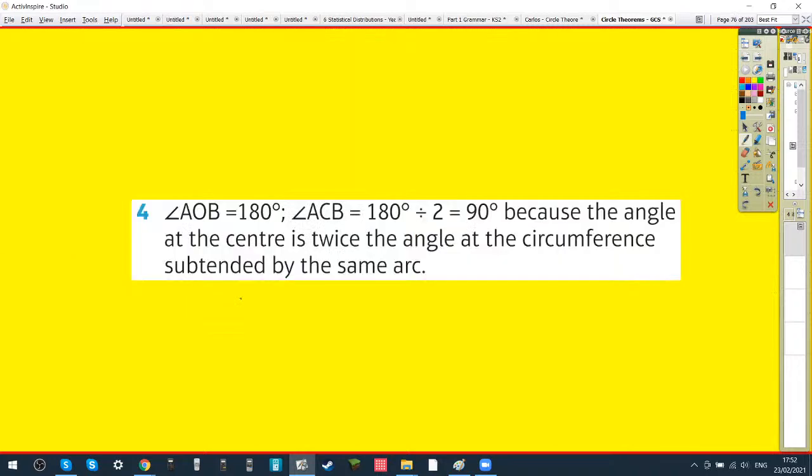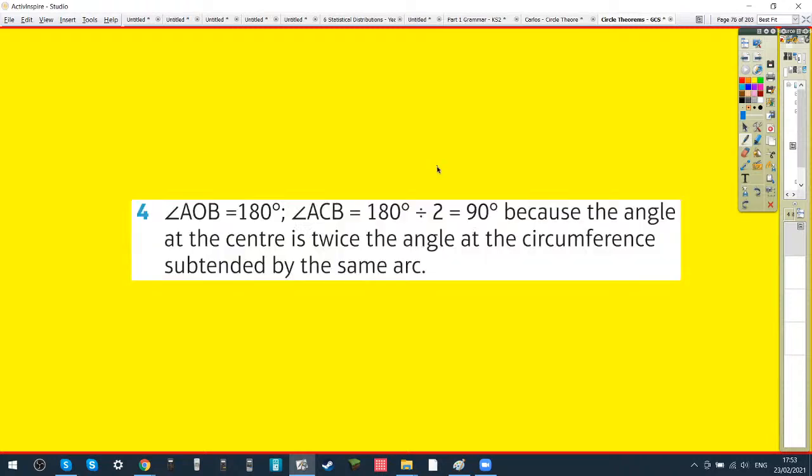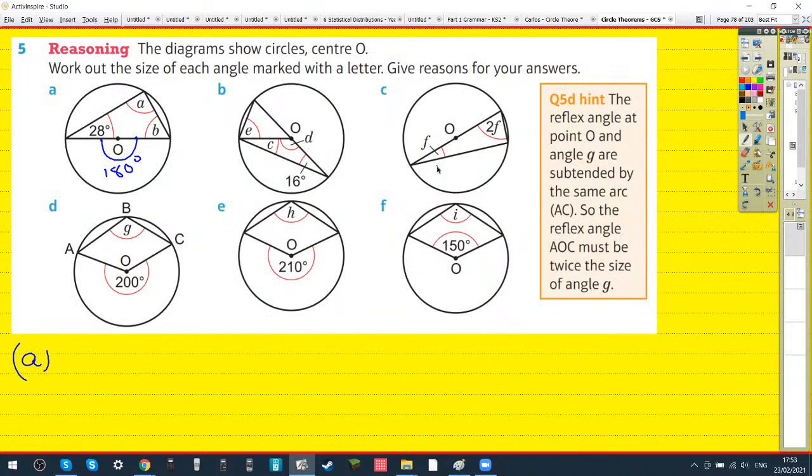No. So it's like this one. If that's 180 at the center, then the angle at the circumference is 90. Oh, okay. So A is 90. So 28 at 90 is 118.